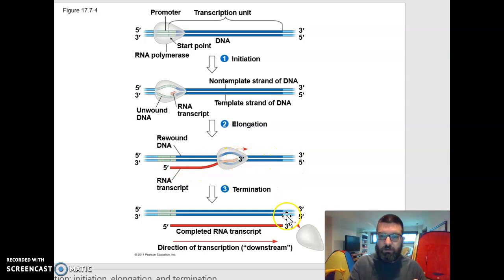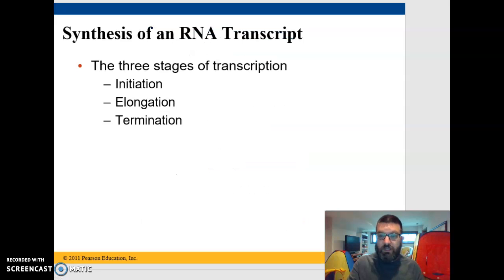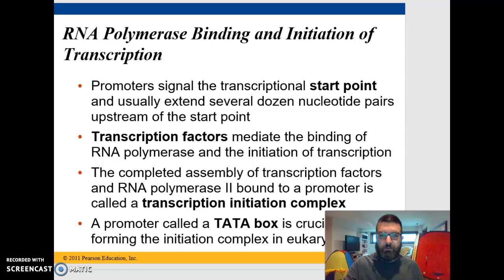Eventually we get to the terminator, and this RNA polymerase falls away, and you get a completed mRNA transcript. And there are 3 stages of transcription. Initiation, which is when we get that RNA polymerase to bind to the DNA. Elongation, which is where you are adding new nucleotides. And termination, which is where the RNA polymerase bounces off.